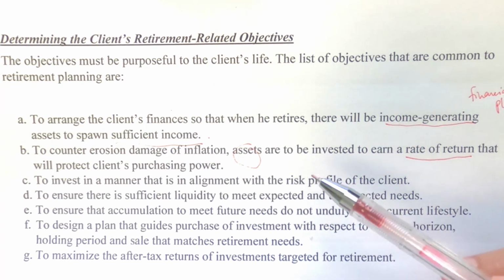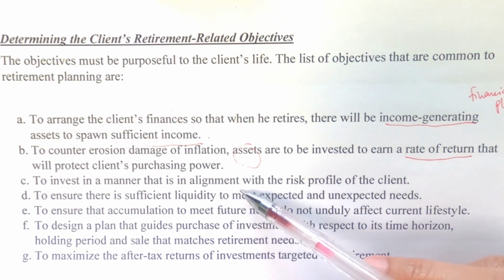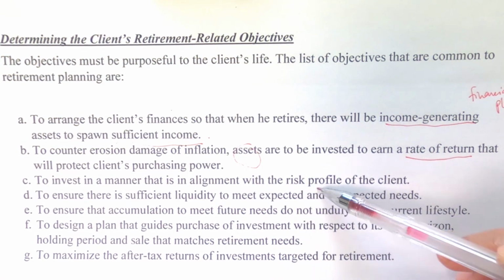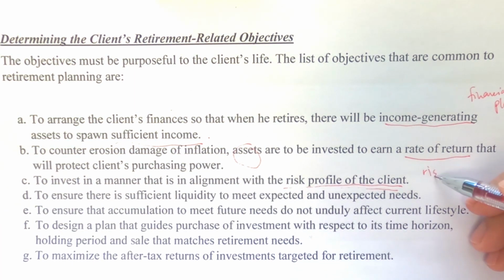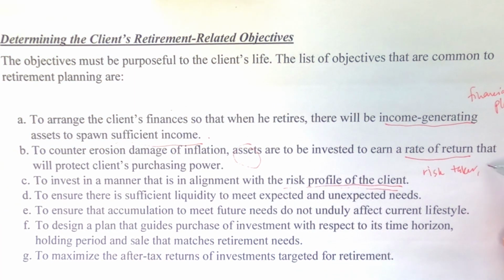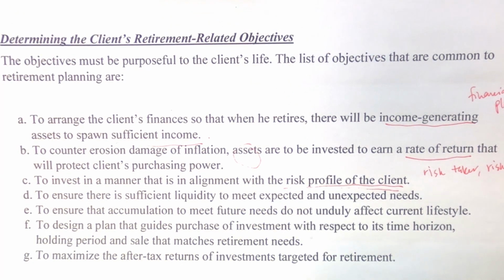The third one is to invest in a manner that is aligned with the risk profile of the clients, because later on we are going to look at the risk profile of the client, whether the client is a risk taker or risk averse, and this will surely affect the investment that we are going to suggest to the client.